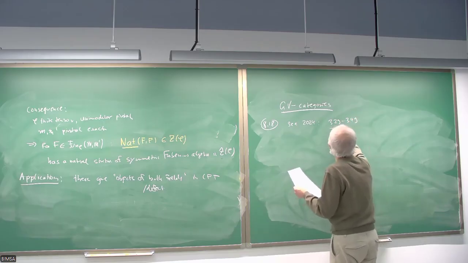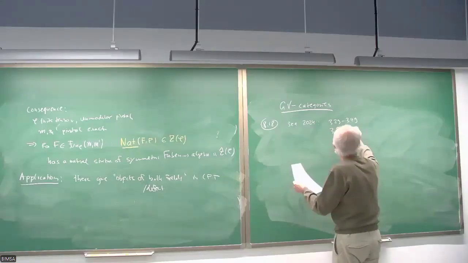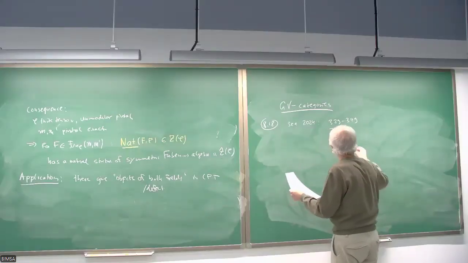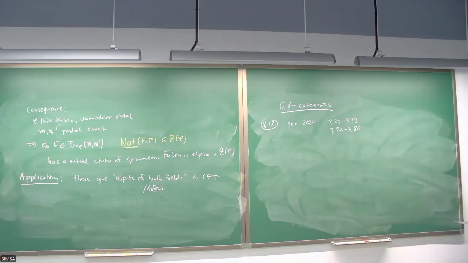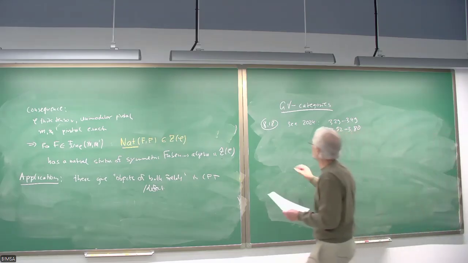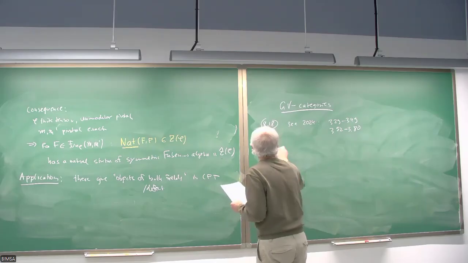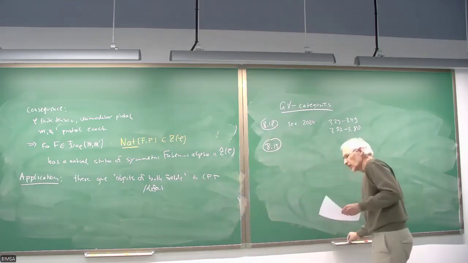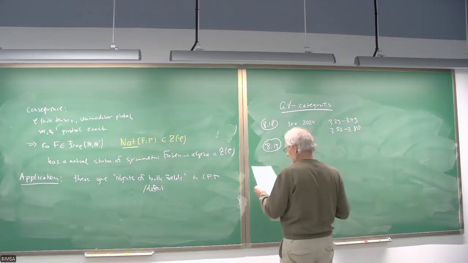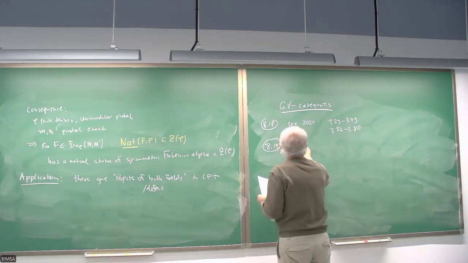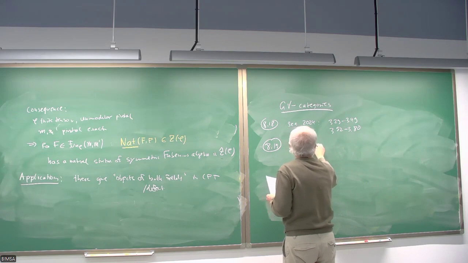If you look at the table of contents, then these are the relevant parts. I do not assume that you know these things. In particular, there is only this type of content, no details. So let me repeat a bit.